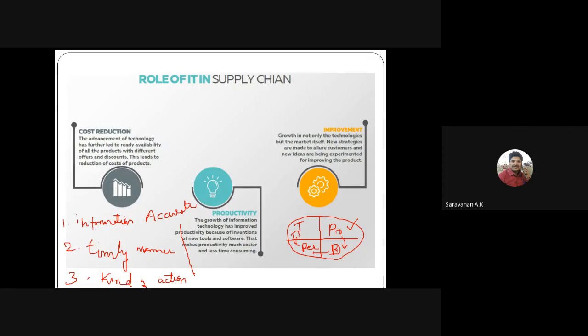So there we have a lack of coordination in the supply chain, and due to that the profitability will be reduced. So information accuracy is a main characteristic. Without information that gives the true picture of the supply chain stages, it is very difficult to make good decisions. Without the correct information we can't take a decision, so it's a very important one.